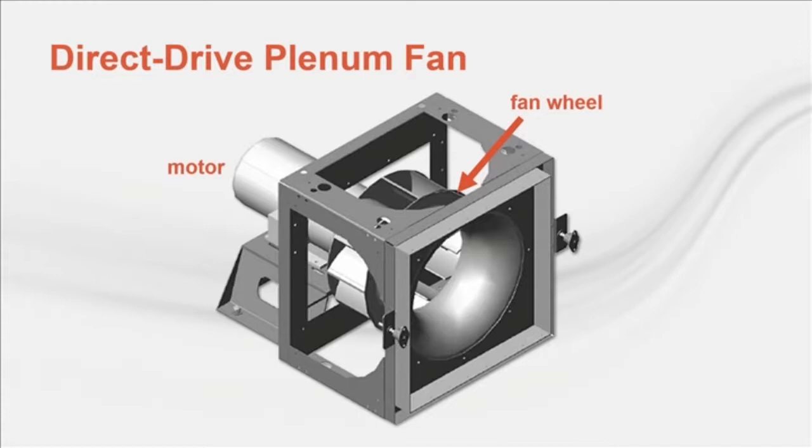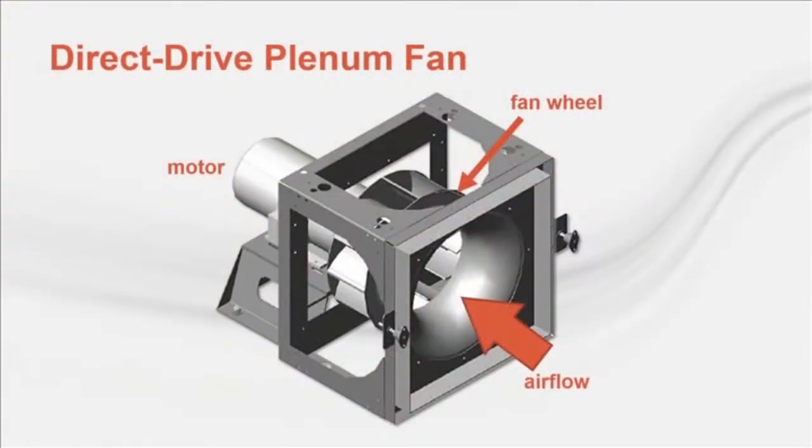With no belts or sheaves and fewer bearings, direct drive fans are more reliable and require less maintenance than belt drive fans. And since there are fewer moving parts, no belt-related drive losses, and less inlet or outlet obstructions, direct drive plenum fans are typically more efficient, quieter, and experience less vibration than belt drive plenum fans.